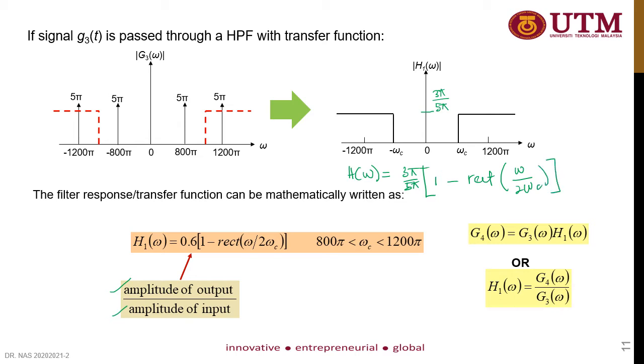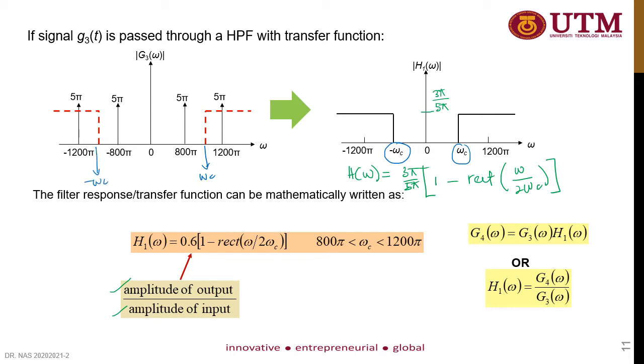Omega c can be any value as long as it is lower than 1200 pi. However, it must be larger than 800 pi. Okay, so omega c lies in between here.